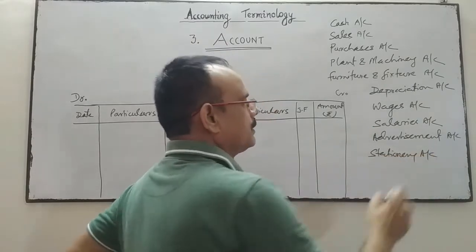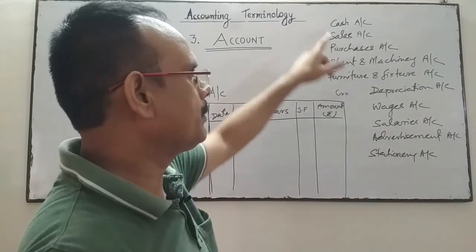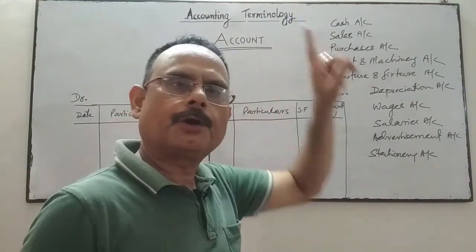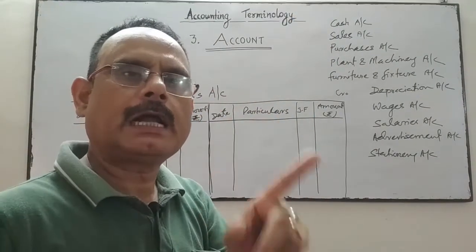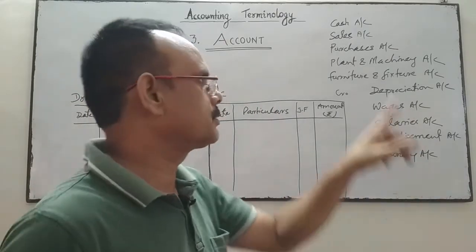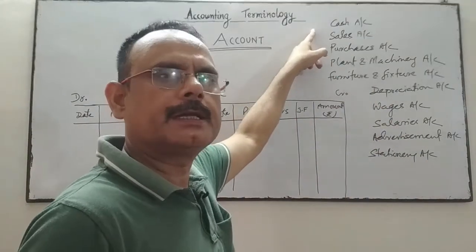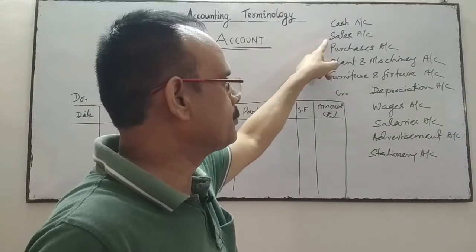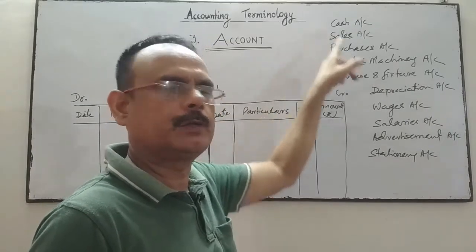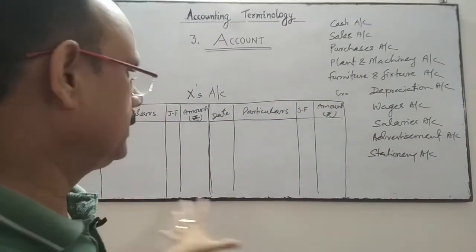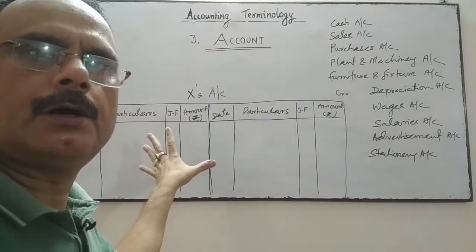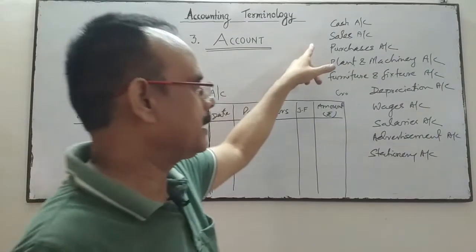These all are accounts. If I am talking about cash, if the information of cash is shown at one particular place, then it is called cash account. Similarly, information regarding sales shown at one particular place in this format of ledger is called sales account.